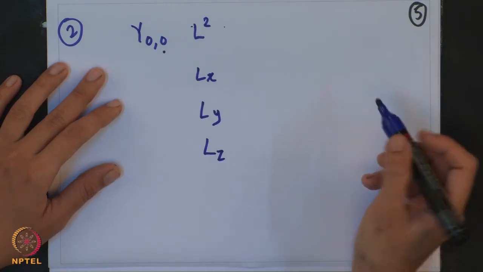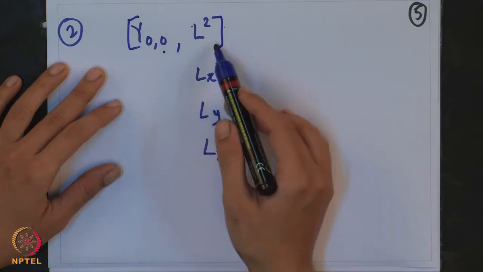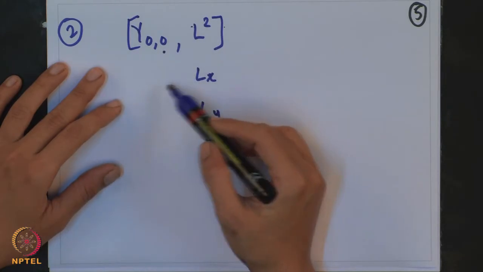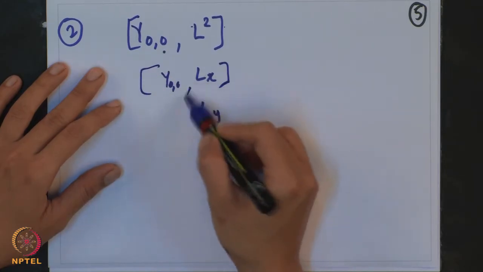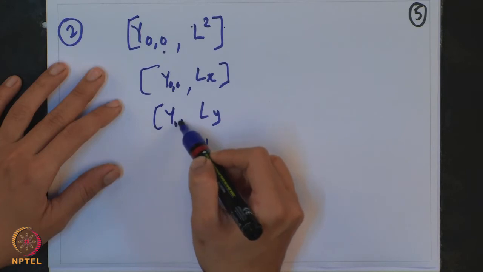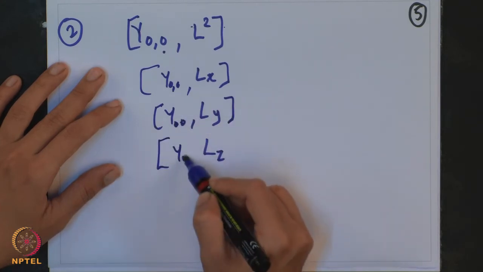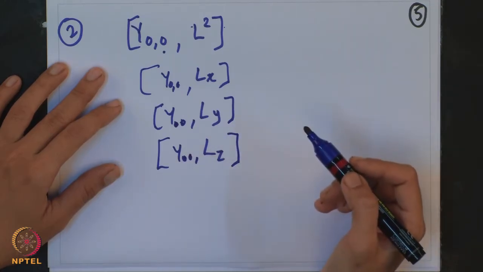What do I mean by this? You have to find out the commutator of y00 with L square, Lx, Ly and the commutator of y00 with Lz.